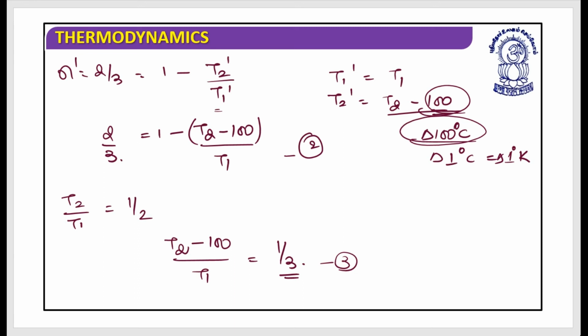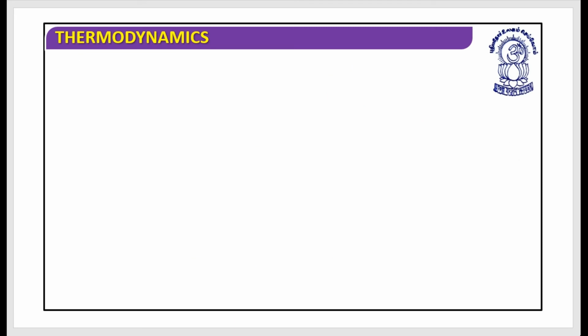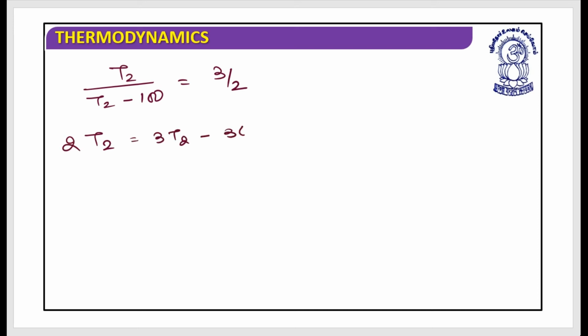Now suppose I divide these two. What I have is T2 divided by (T2 minus 100), which would be equal to 3 by 2. And if such is the situation, then I can have 2T2 equal to 3T2 minus 300, and from this 3T2 minus 2T2 is equal to 300.